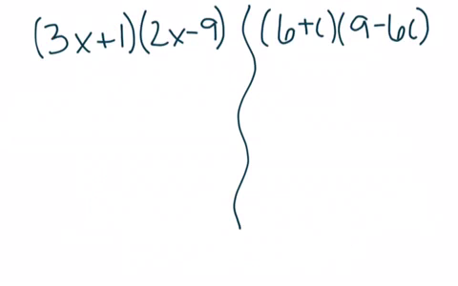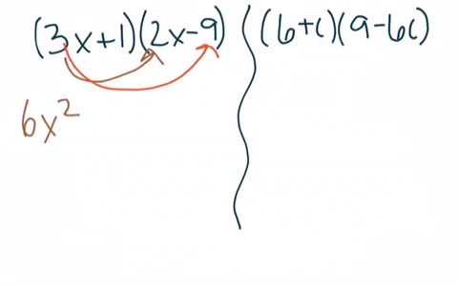Alright, let's do another example here. So first, outside, inside, last. Our first one is going to be 3x times 2x, which will give us 6x squared. Okay, outside terms. 3x times a negative 9 is going to give us negative 27x, okay?